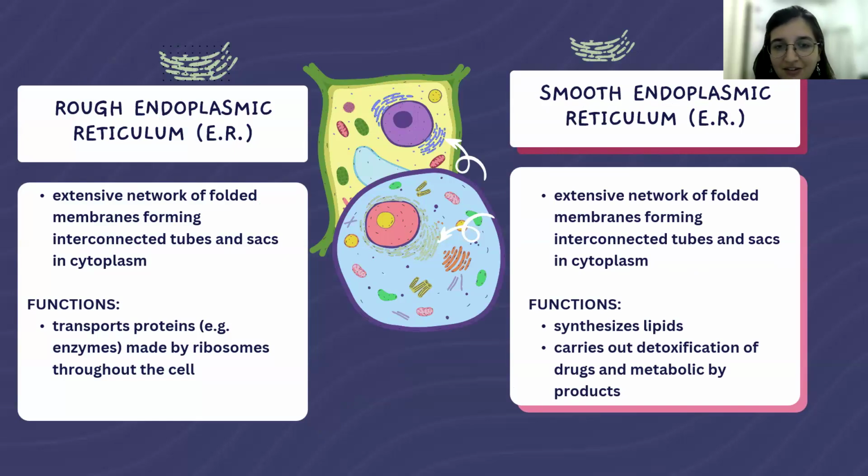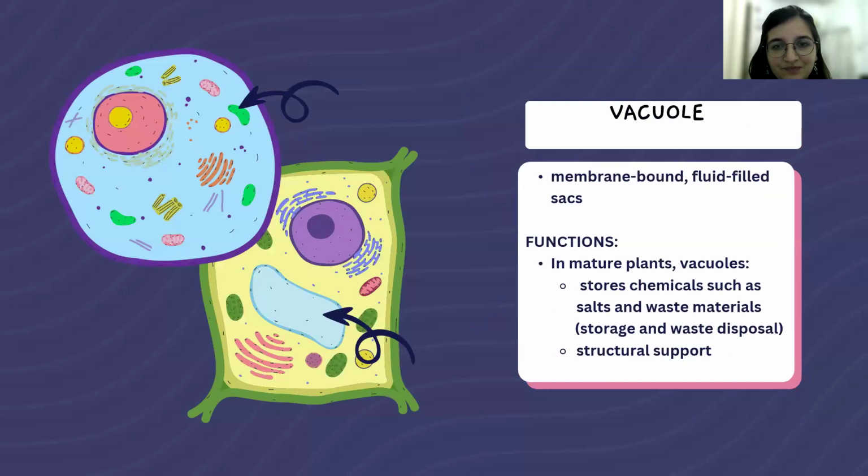It doesn't have any ribosomes attached to it, and it synthesizes lipids. It makes lipids, and also it keeps the cell safe by detoxifying drugs and metabolic byproducts. So any toxic substance in the cell will be made either less toxic or not toxic at all. And that's what you call detoxification. It's not toxic to the cell anymore.